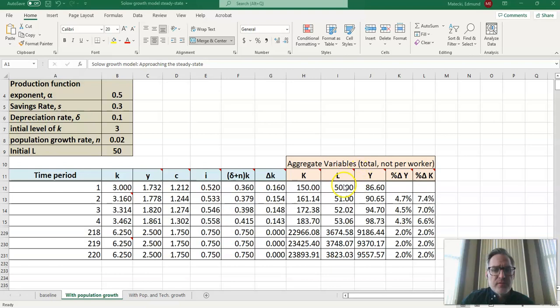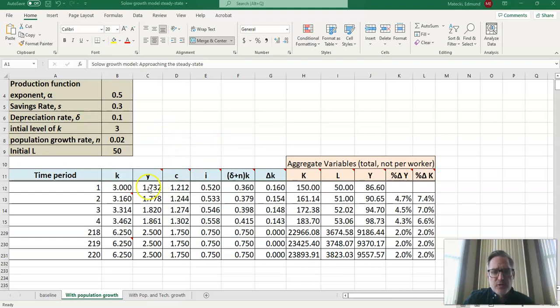And so these should match up with that chart in the lecture. So you should see that the growth rates that we've calculated here in the last two columns match up with that very important chart that I'd like you to be able to interpret. So if you haven't looked at that lecture notes video, take a look at the last 5 minutes or so. If you can understand that chart, then you're well on your way to understanding the logic of the Solow model.